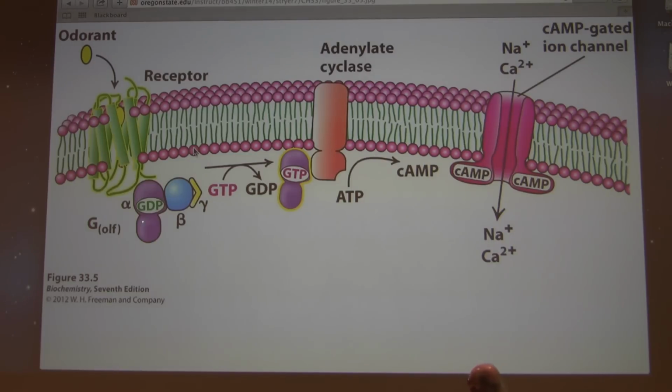GTP bound to the G protein causes it to lose the beta and gamma units, just like you saw before. And it goes to adenylate cyclase, which favors the synthesis of cyclic AMP. Cyclic AMP goes to a receptor, causes it to open and let in sodium and calcium, and we create an ion gradient.